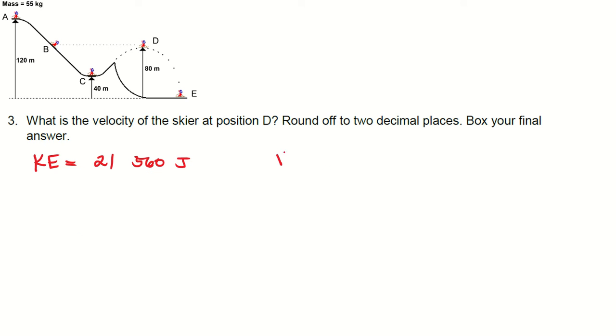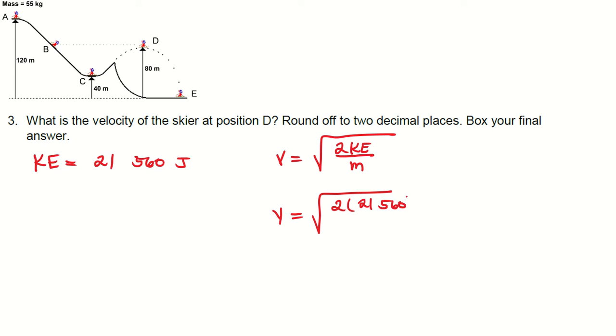Remember that the velocity is given as the square root of 2 times KE divided by m. So we plug in this value for the velocity. We have the square root of 2 times 21,560 divided by the mass, which is 55.